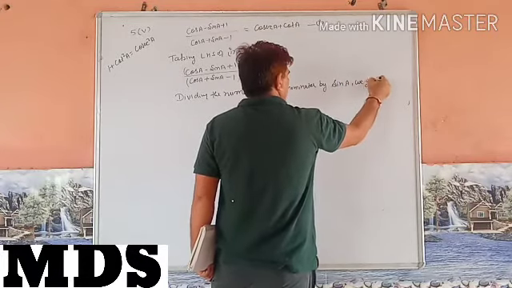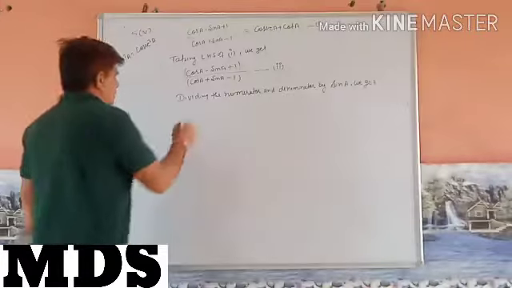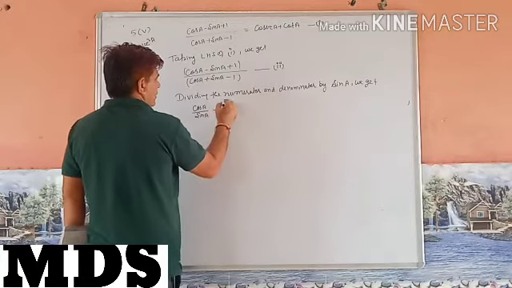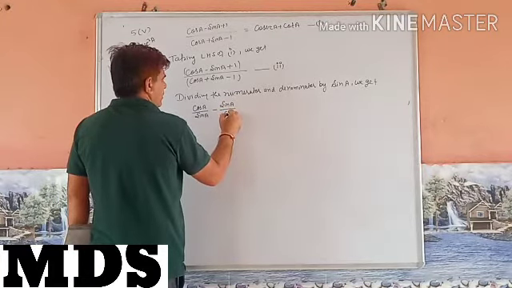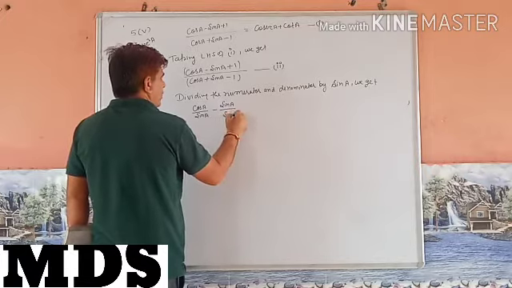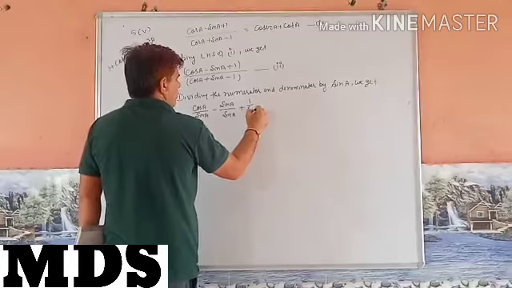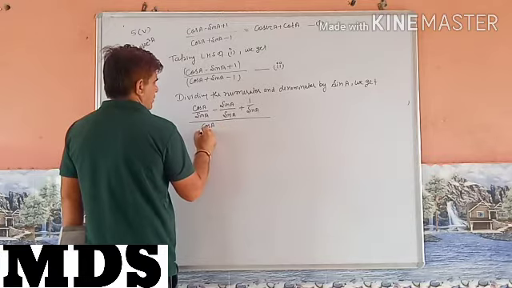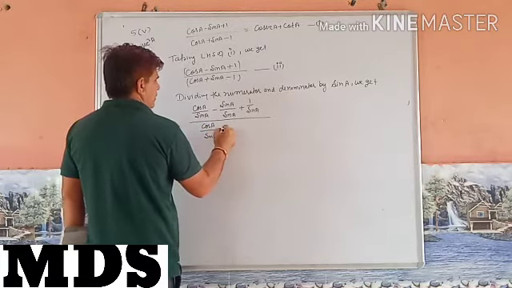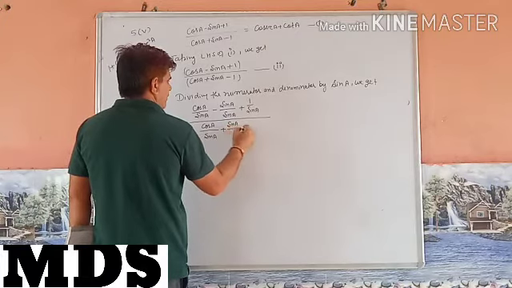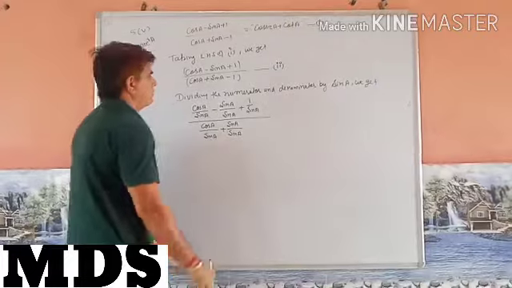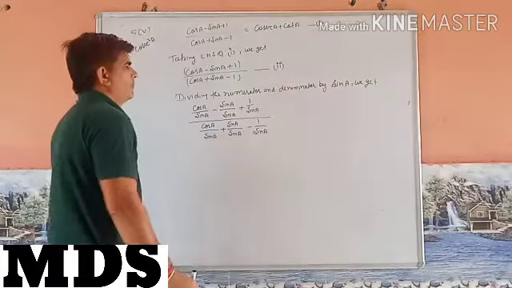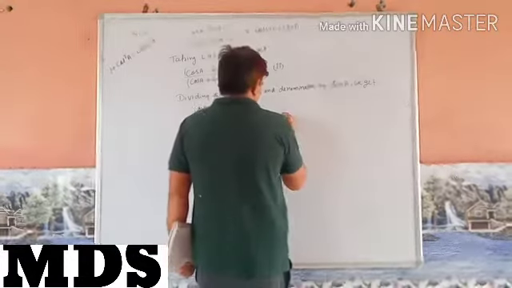We get cos A by sin A plus 1 by sin A, divided by cos A by sin A plus sin A by sin A minus 1 by sin A. How can you write this?